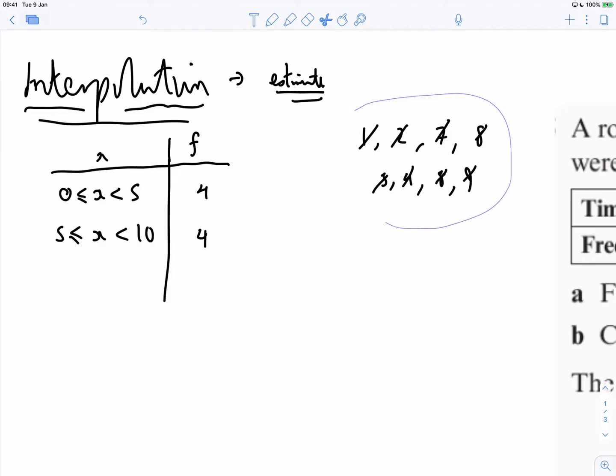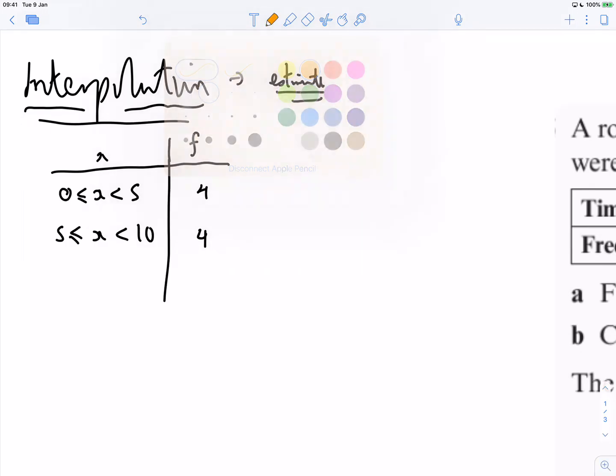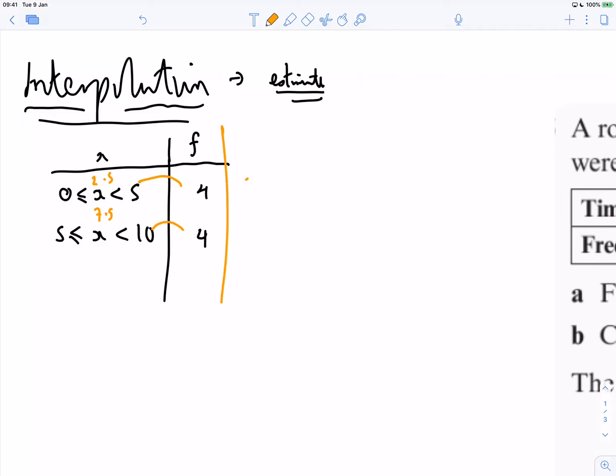But suppose I have lost the original data because I have what's called summarized data. I just have the summary of it. And look what happens. To work out an estimate for the mean, I took the midpoints, i.e. 2.5 and 7.5, and multiplied them across to get a new column, and then I summed this and divided it by the sum of this, which is 8, and so on.